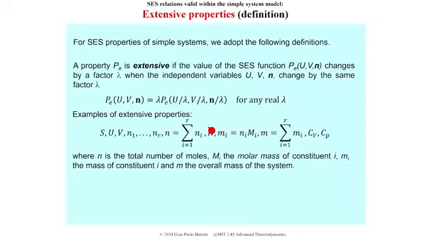And that is why you find the enthalpy here in this list. It is extensive. Also, the Gibbs free energy, it's missing in this list, but it is another example, as well as the specific heat capacities and the mass.